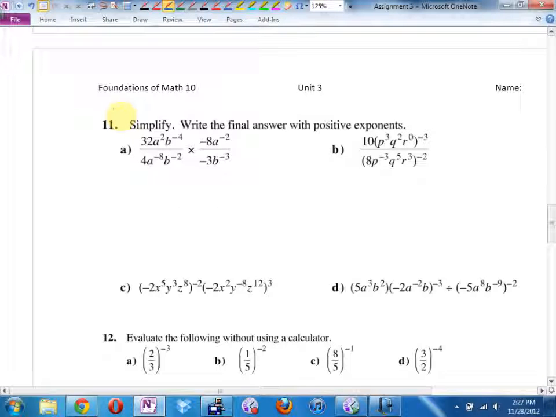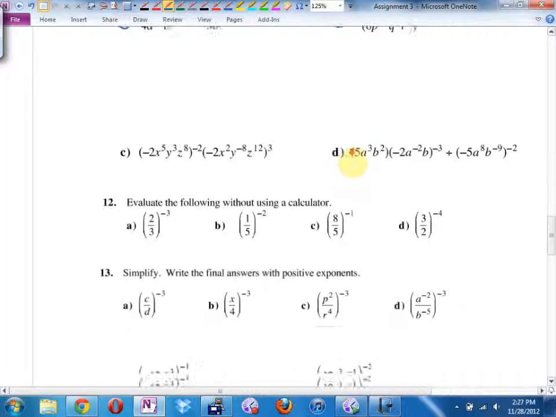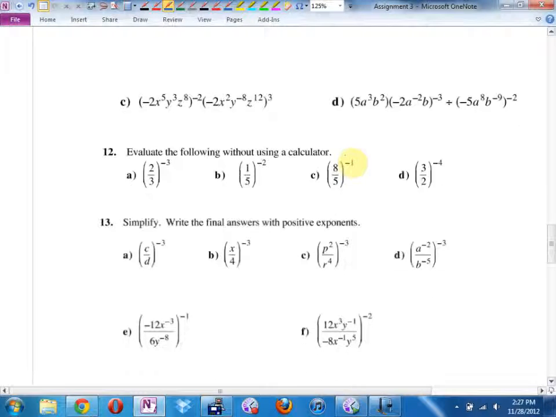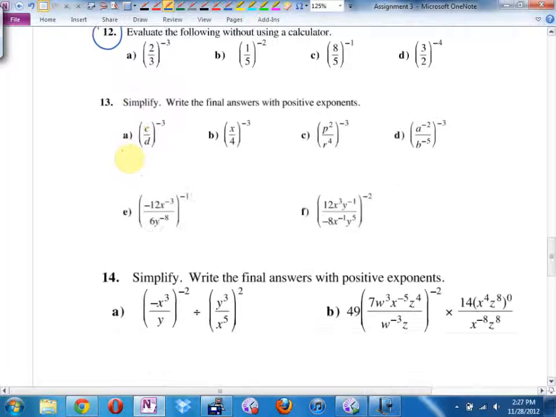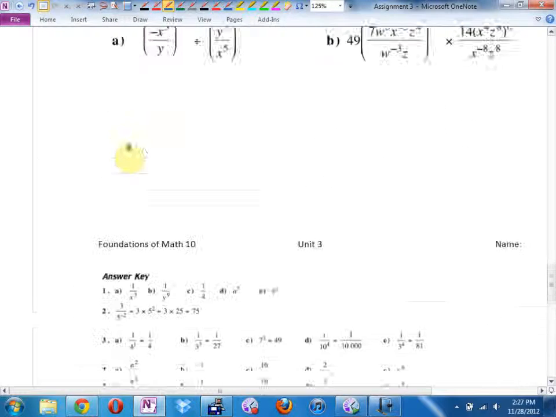Oh, cool. How about 11 A and B? 10 all, 11 A and B. 12 is fair game. Skip 13.